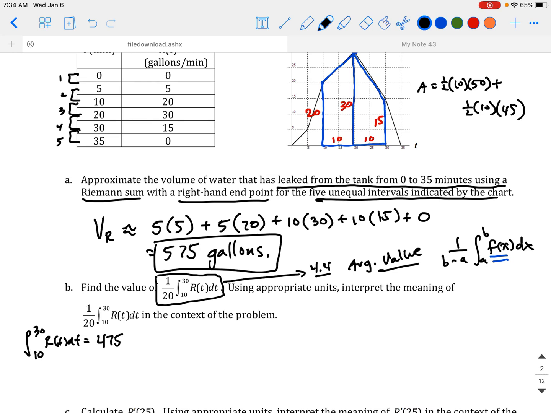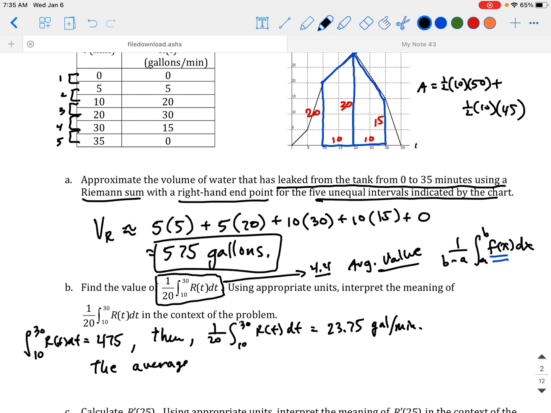Okay. So then one over 20 integral 10 to 30 of r of t dt is equal to 475 divided by 20, which is 23.75 gallons per minute.